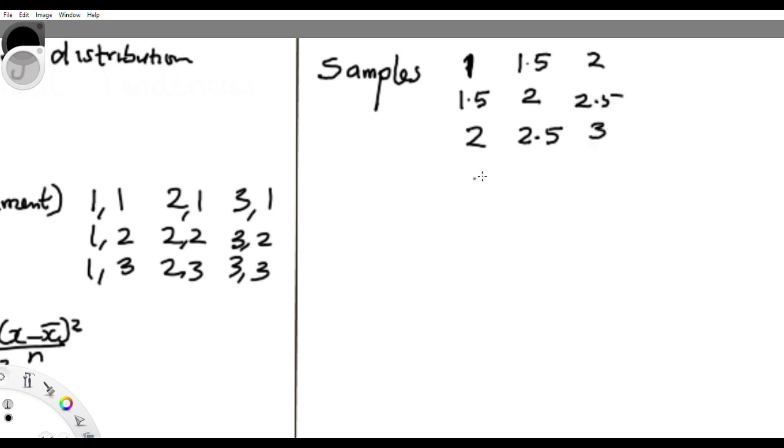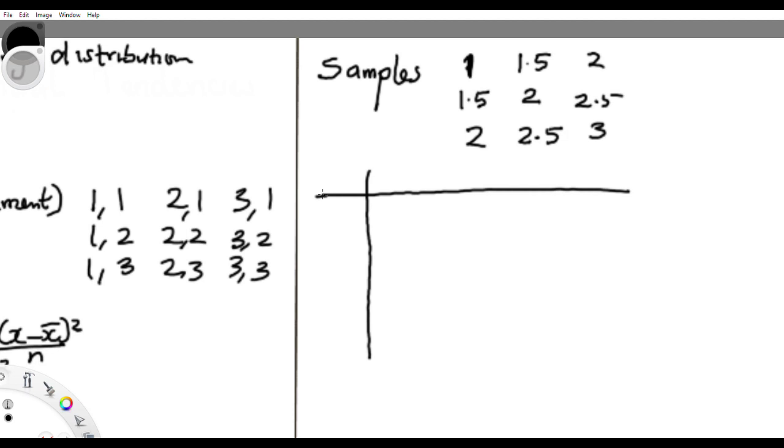Now if you've noticed, we have just one 1, we have 2 of 1.5, we have 3 of 2, and so on. Since they occur more than once, we can as well use a table in order to make our work neat.